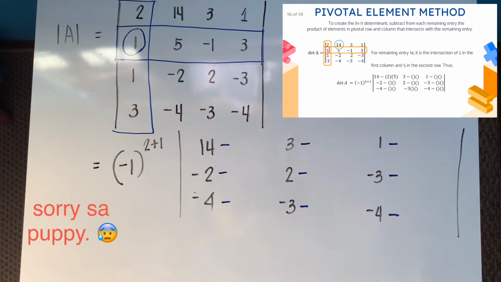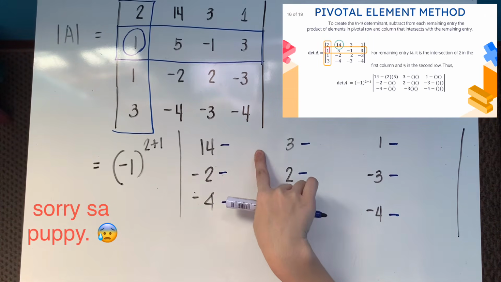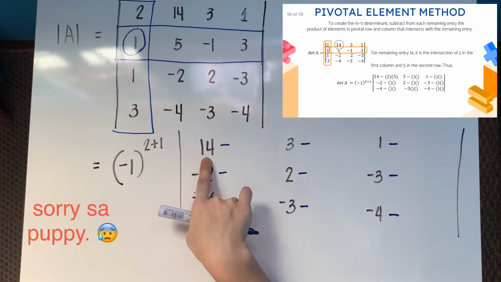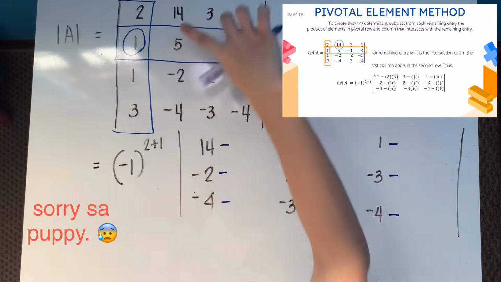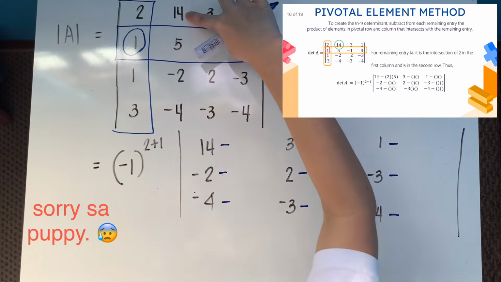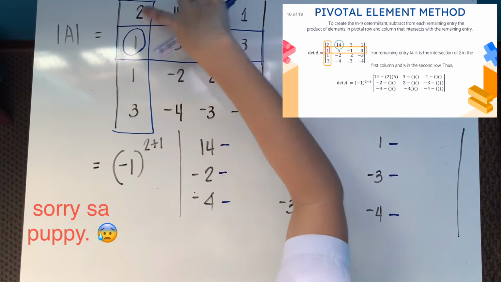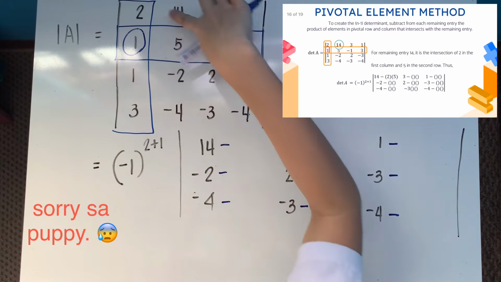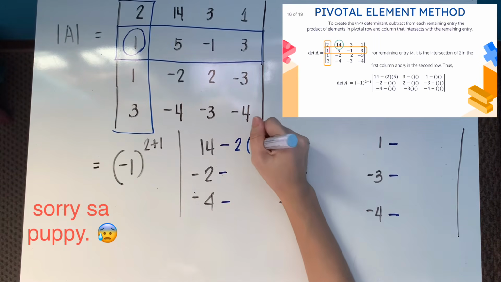Anong product yon? Product ng elements in the pivotal rows and columns that meet the remaining entry or that intersects the remaining entry. So, if our entry is 14, kukuhanin mo yung katapat niya dun sa pivotal row at sa pivotal column. So, yung katapat niya by column and by row. That would be 2 and 5. So, subtract 2 and 5 from that.